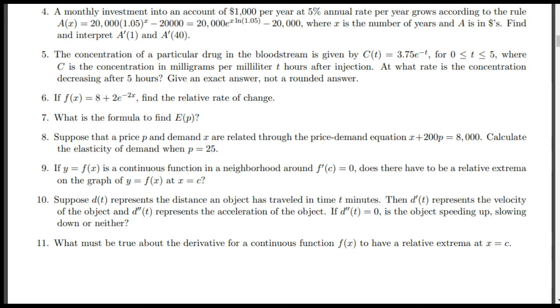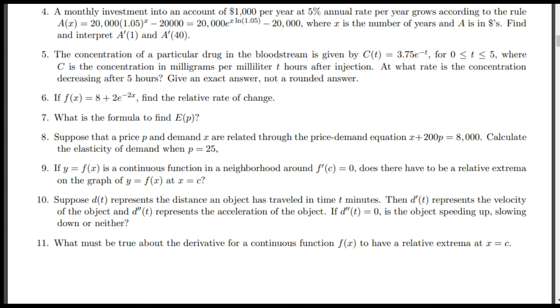Okay, so then 4 more questions to go, and those are all going to be short answer. So let's start by looking at this number 8. Suppose that the price and demand are related through the price-demand equation that's given here. Calculate E of P when P is 25.